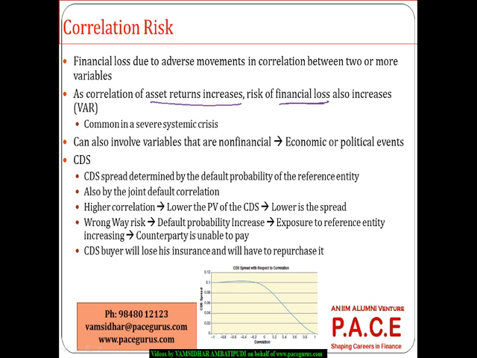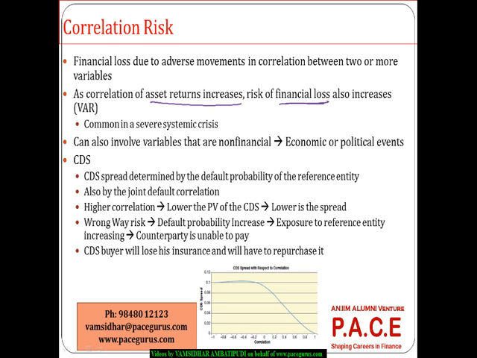It is becoming a much better asset to be added into a portfolio, which will reduce the overall risk. But as the correlation between the assets is increasing, they are becoming more and more risky, because if both of them give me a profit, or both of them give me a loss, the risk is getting increased heavily. So that is what we are calling correlation risk.